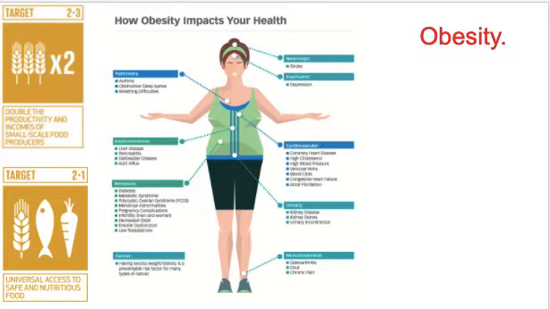So 39% of adults aged 18 and over were overweight in 2014 and 13% obese. So most of the world's population live in countries where being overweight and obesity kills more people than being underweight. In addition, 41 million children under the age of 5 are overweight or obese.